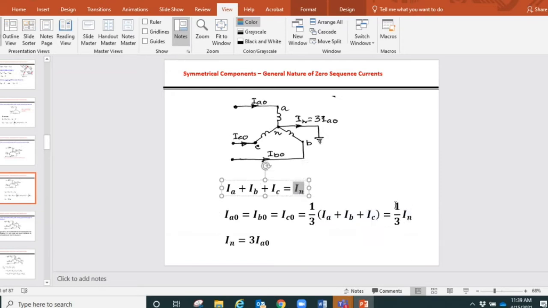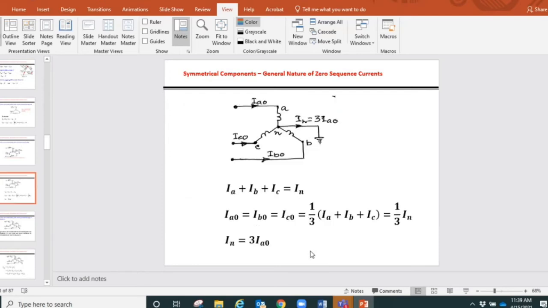That is why we can now say from this equation that the neutral current is 3 times IA0. Meaning if the neutral is solidly grounded, there will be a current flow equal to 3 times IA0, 3 times IB0, or 3 times IC0, because IA0, IB0 and IC0 are the same.